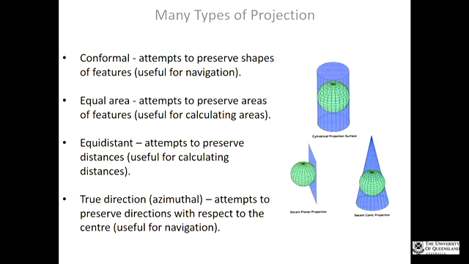As a consequence, it's useful for navigation, in that it tends to preserve directions as well. Equal area projection attempts to preserve areas of features. So if you want to calculate the area of something, use an equal area projection. But the cost is it distorts things like distances and shapes.